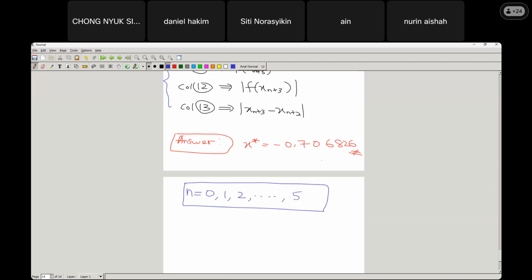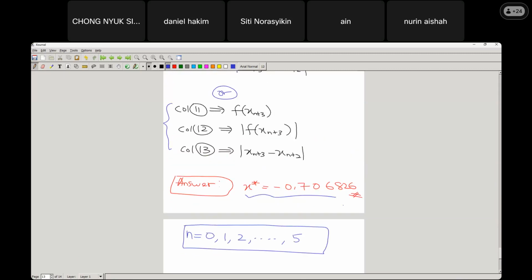Then I will be able to get this answer. So I will leave this for you to try as an exercise at home. Is it okay, guys? So you just jot down the answer for the example 8 and the number of n that you need to compute in order to find the solution for the example 8.